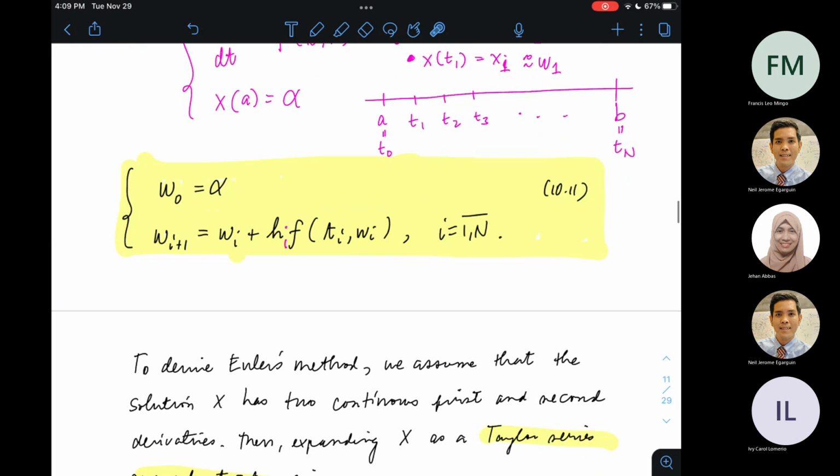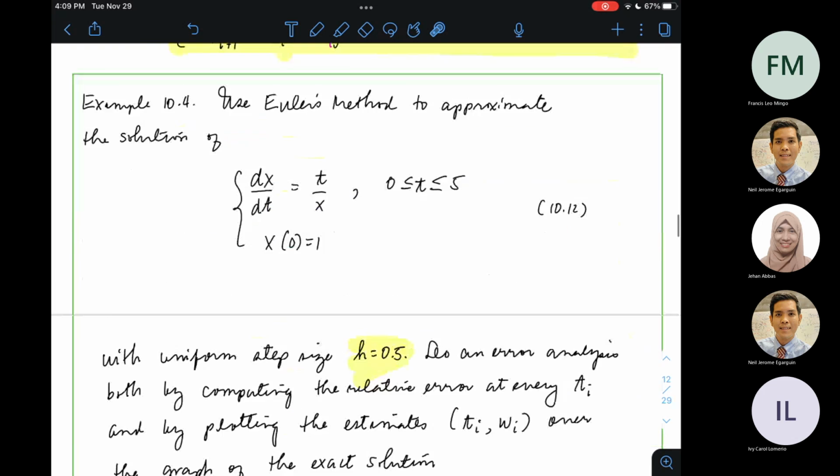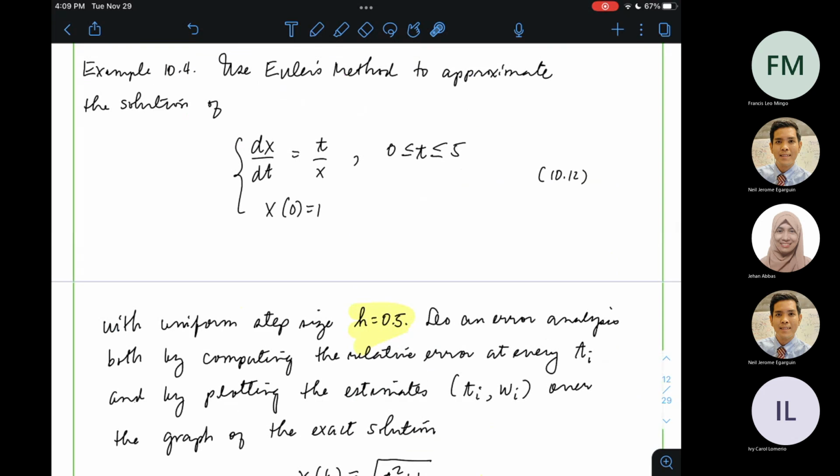All right. I think last time we stopped when we reached example 10.4 where we saw Euler's method in action, and then we compared the estimate that we got with the true solution. But here it's a very simple implementation because we're just in the interval 0 to 5, and I'm using the step size 0.5. So ilan lang to? I think it's 10 or 11 points yung nagamit natin.